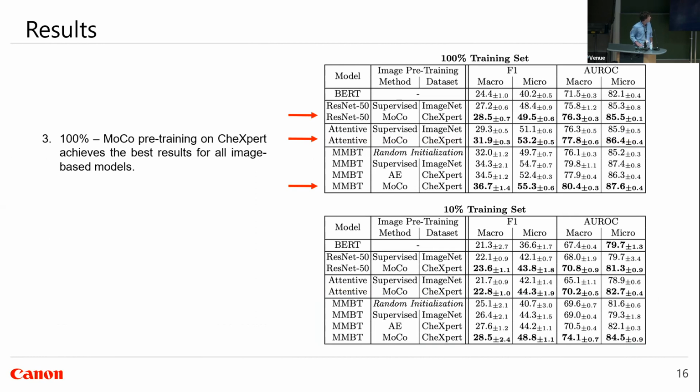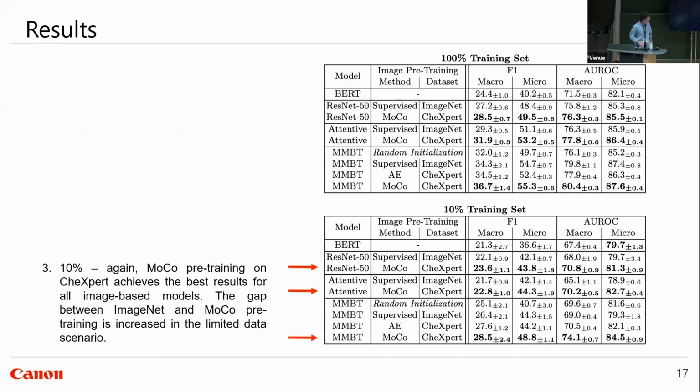And for all 3 image-based approaches, so ResNet 50, attentive, and MMBT, we find that using MoCo pre-trained on CheXpert achieves better performances than ImageNet. And the gap is also increased when we consider the limited data scenario.